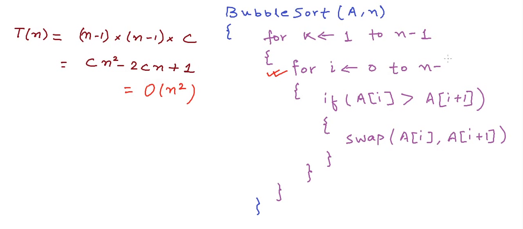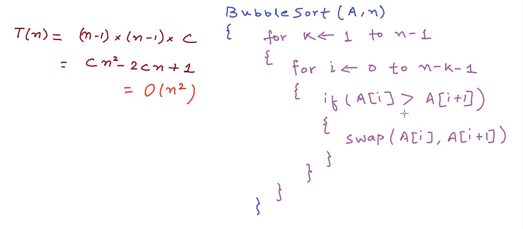So in general, we can run this loop till n minus k minus 1. So when k is 1, we will run till n minus 2. When k is 2, we will run till n minus 3 and so on. This is some improvement. But in this case also, if you calculate the time expression, it will be some polynomial of the form an square plus bn plus c. So complexity will still be big O of n square.